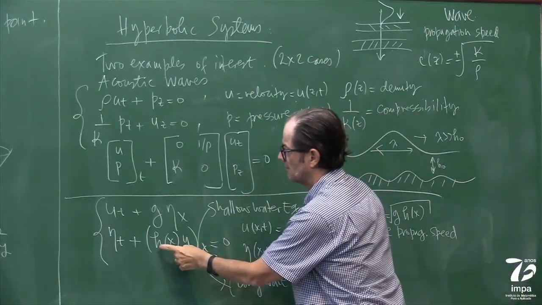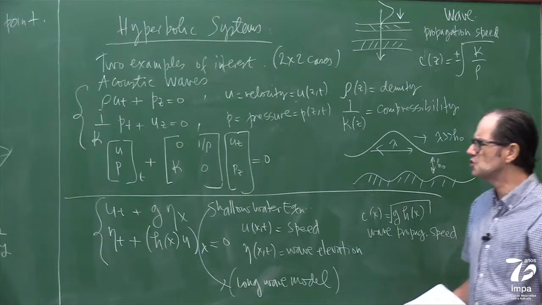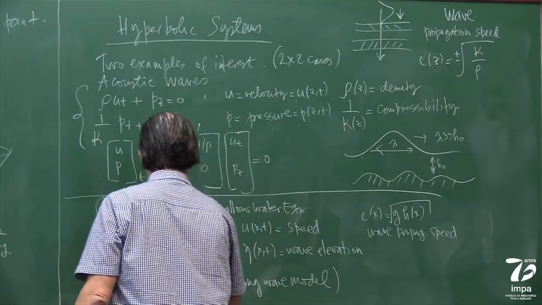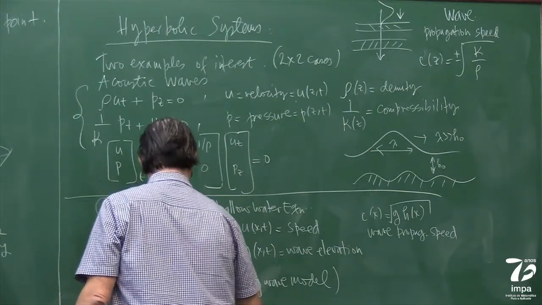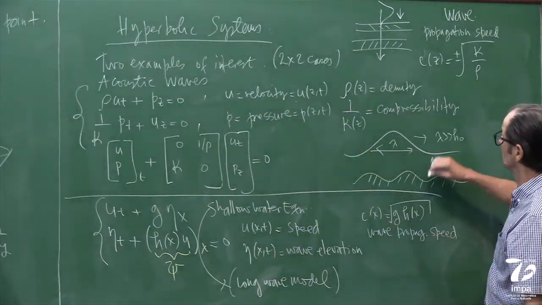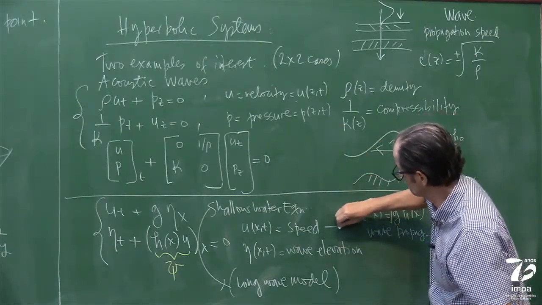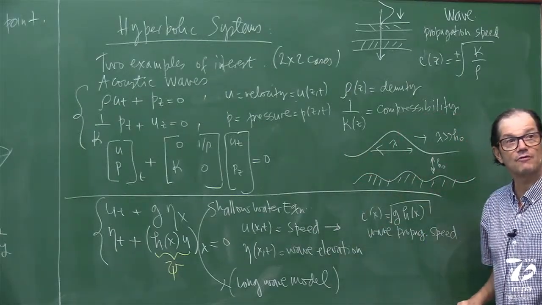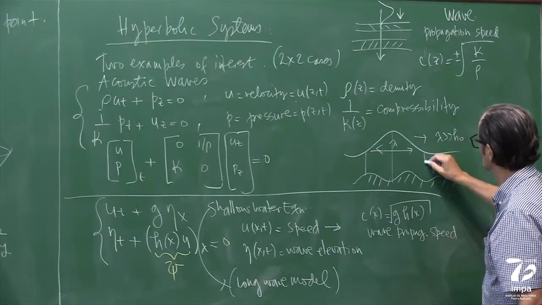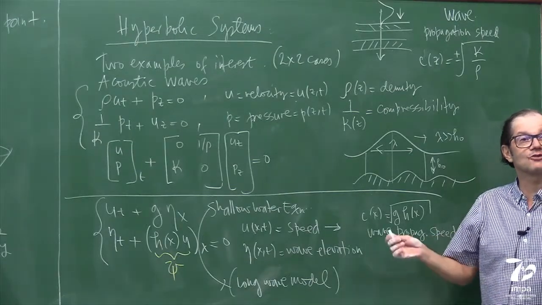Here, the depth is varying. You can change this model, as I indicate. Because of this variable coefficient here, you can call this maybe psi, which is a little bit like a flux. Here u is a horizontal speed of the water particles, and the water flux over the column depends on the height.